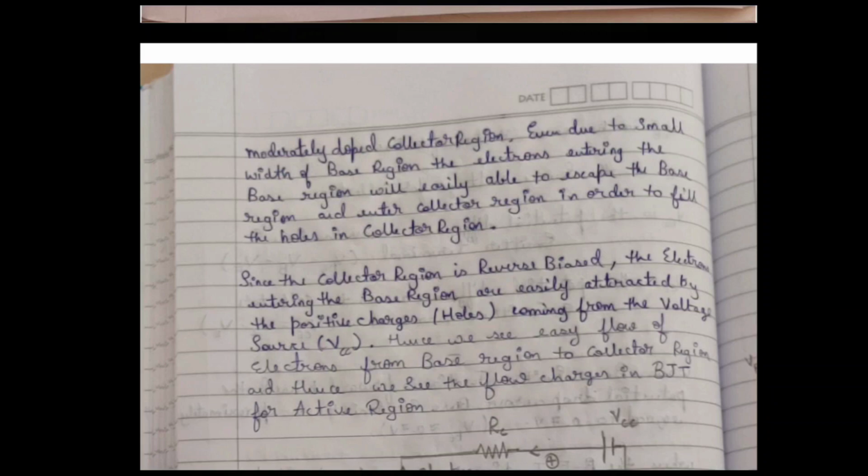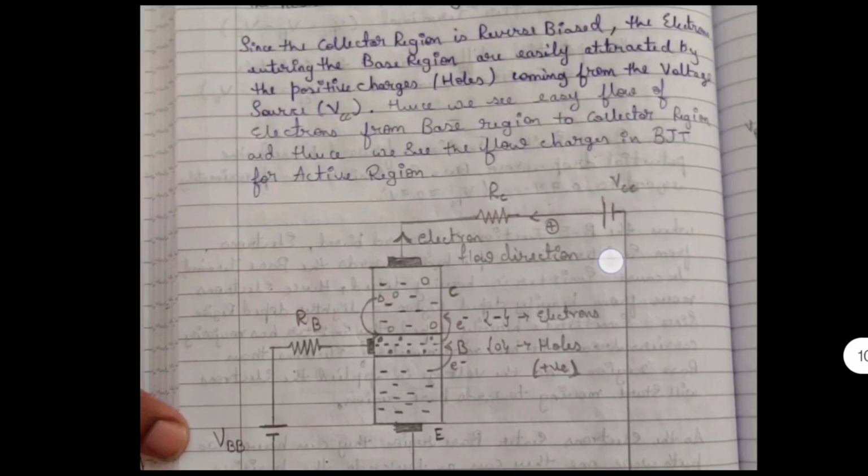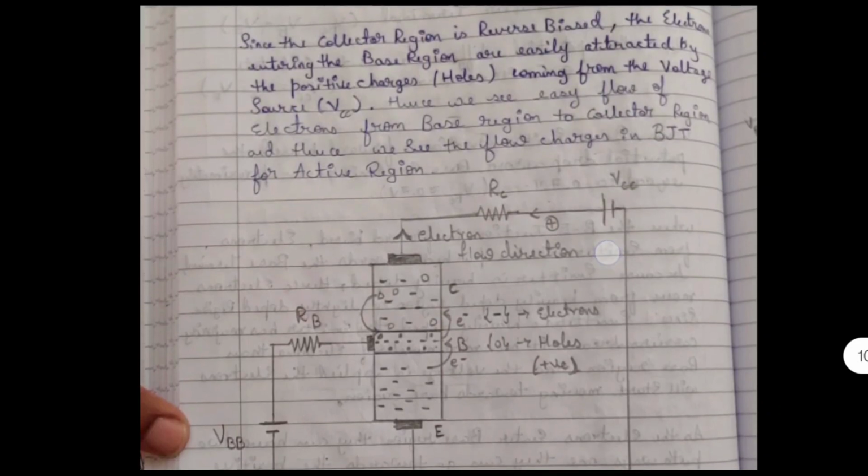Okay, and the collector region is reverse biased, we know that the positive terminal of the battery, that is VCC, is connected to the N type of the collector, making it reverse biased, right? So since the collector region is reverse biased, the electrons entering the base region are easily attracted by the positive charges.